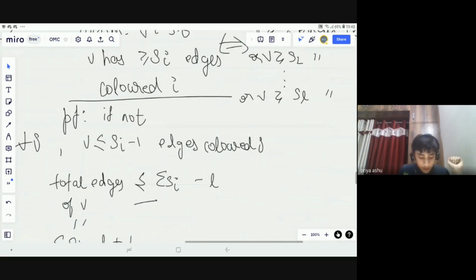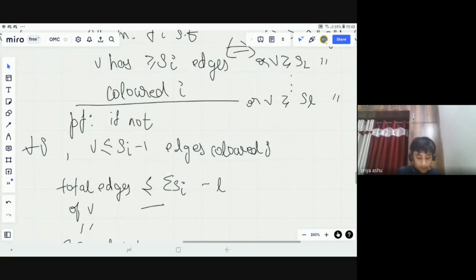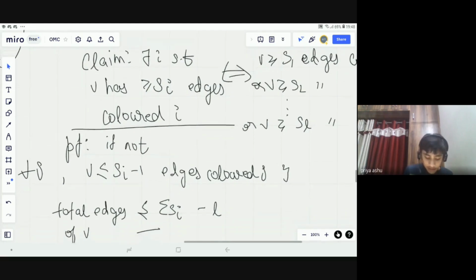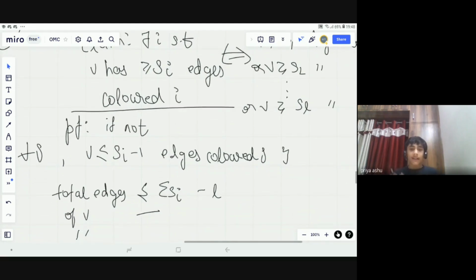Yes. So if the claim is not true, then we must have at most SI minus 1 edges colored I, just because we are assuming there is no I such that V has at least SI edges. Thus for all I, we have at most SI minus 1 edges colored I. Is this clear?